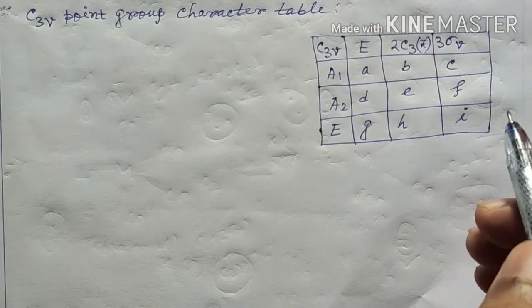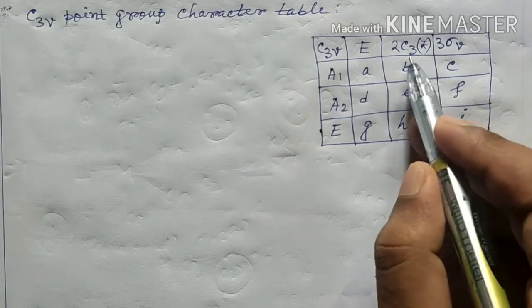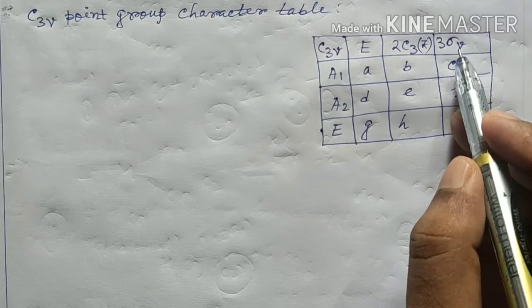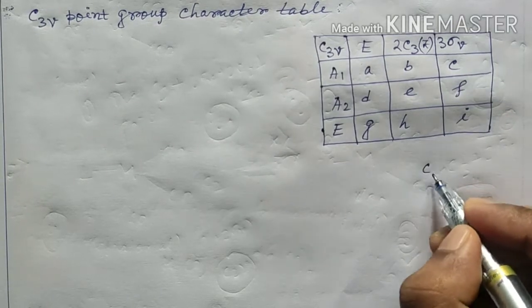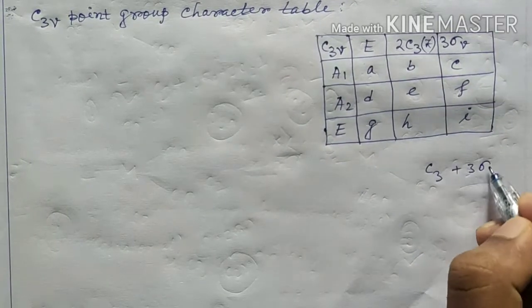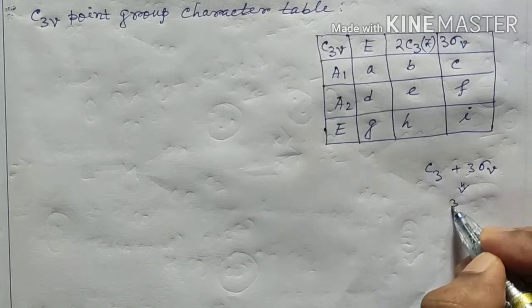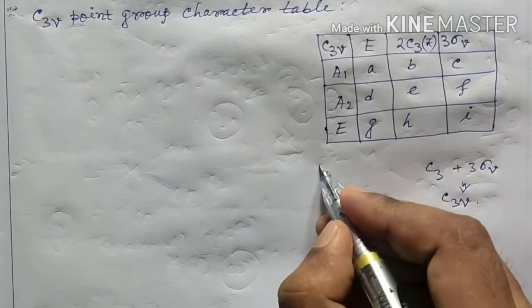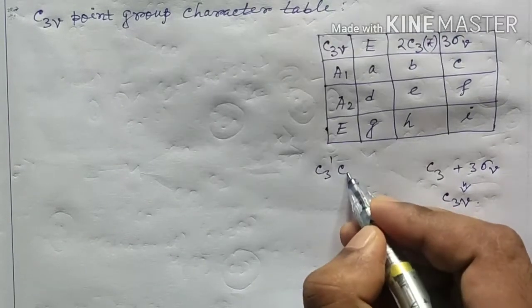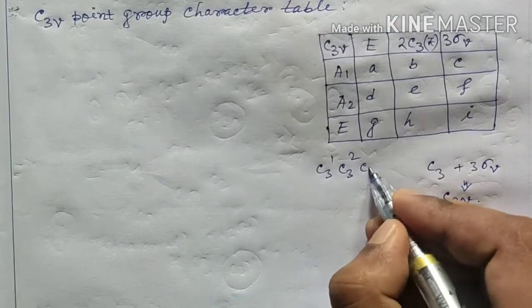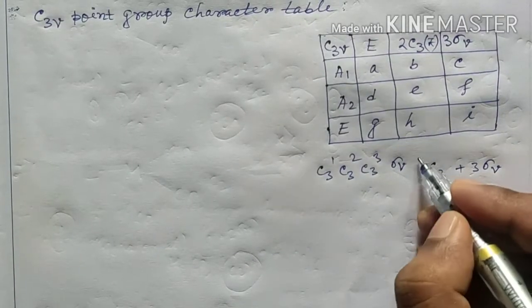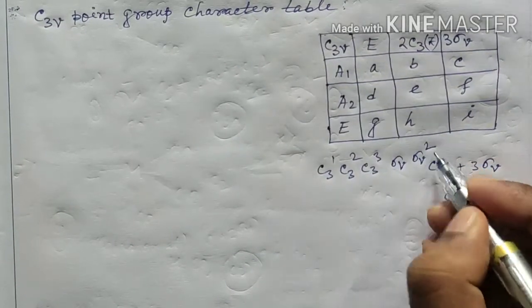In the C3V point group, there are two symmetry elements, that is C3 and sigma V. You will get one C3 and 3 sigma V, and for that the point group is C3V. The symmetry operations are C3^1, C3^2, C3^3, and sigma V, sigma V2.